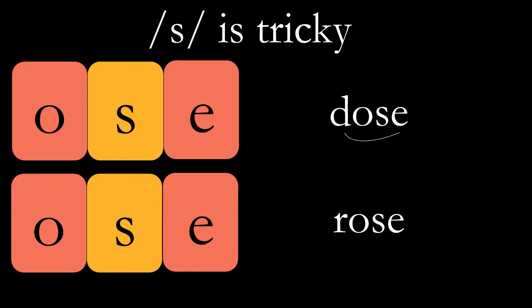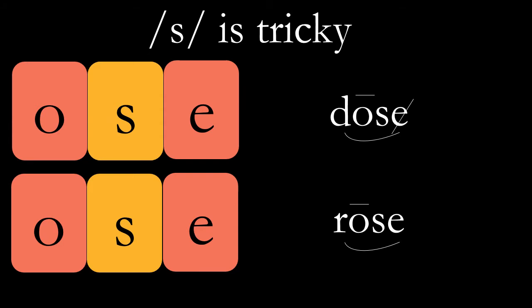Okay, so then we run into a problem when we start using S. Now, if we look at it like this as a closed syllable, os is what we have. But once we bring that E in, we might get something like this: dose. That's an S sound. But we could also get something like this: rose.